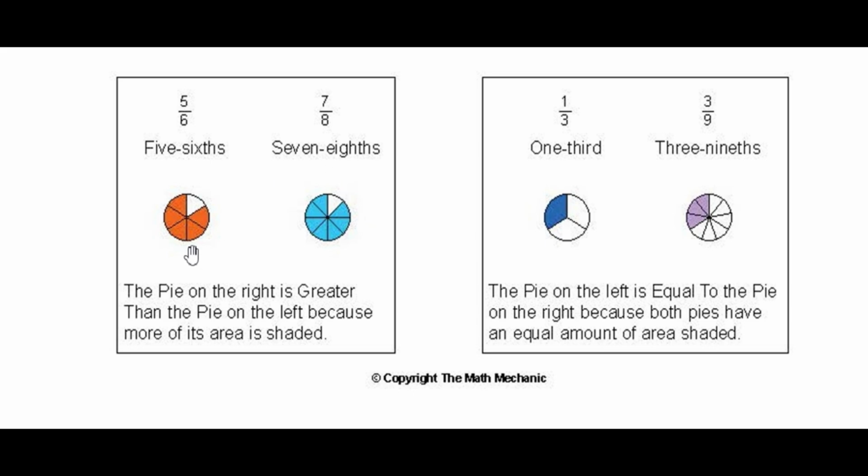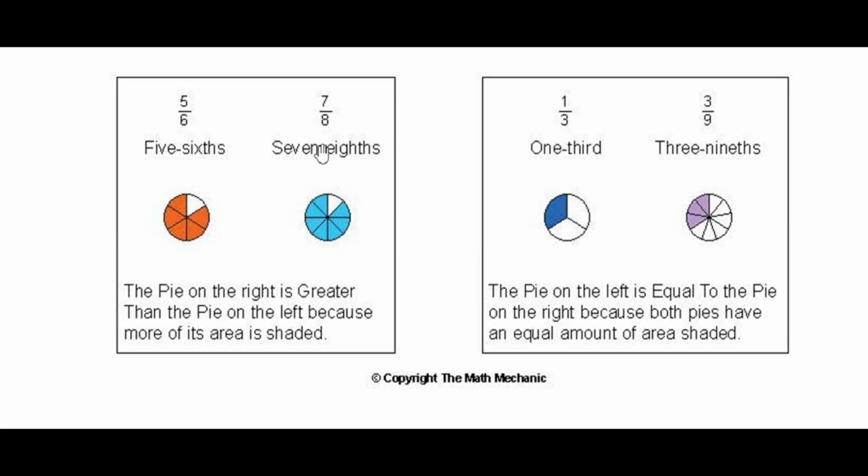Now we're going to look at each pie and see which one has the most of its area shaded. Looking at this pie, you can see that more of its area is shaded compared to this pie over here.